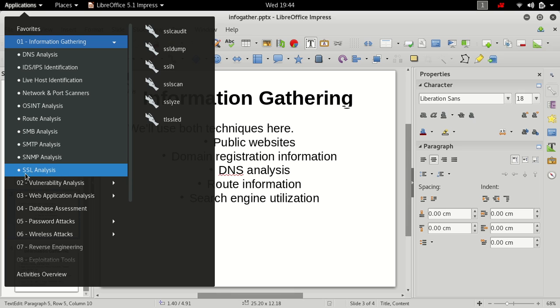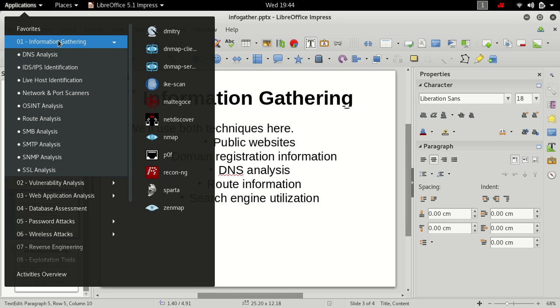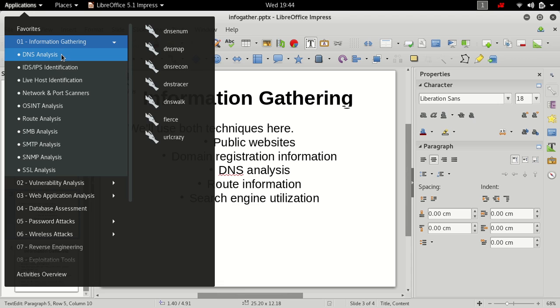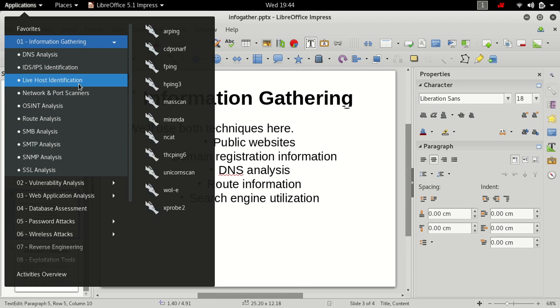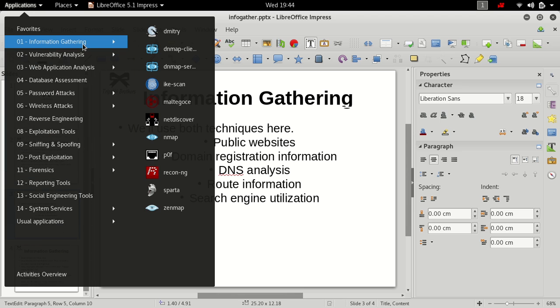For SSL, secure socket layer, we will check what kind of SSL certificates a website is using, and whether the SSL is using a weak key or a strong key. In information gathering, I will try to cover as many tools as possible which are required to get information of any website.